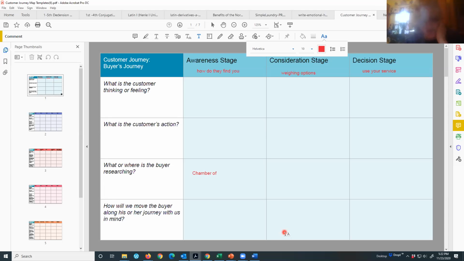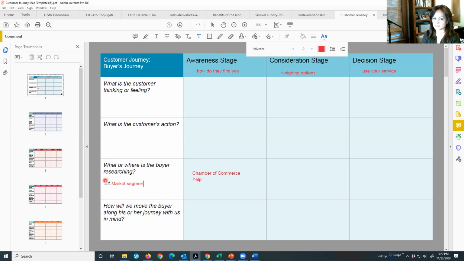I use the Chamber of Commerce already because they're guiding me along with some of the stuff I'm doing. Okay, so the Chamber of Commerce, I'm also going to put Yelp because you also have travelers. So this all goes back to your market segmentation. Depending on who your market segments are, that's how they're going to find you. This right here is just the awareness stage.